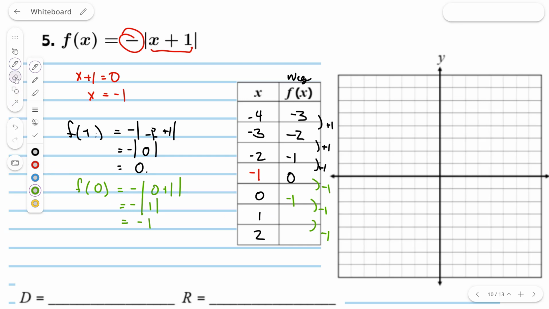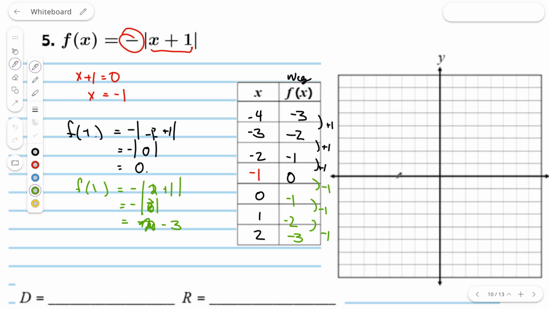And so if I keep going, you're going to see that pattern is going to continue. 1 plus 1 is 2, -2. And 2 plus 1 is 3. Absolute value of that is 3, so -3. So I'm going to go here and graph those points.